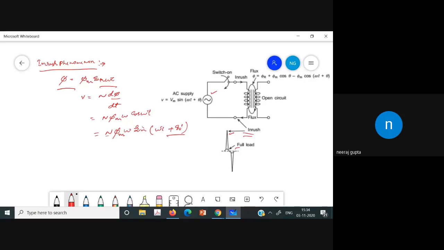So if we draw the phasor diagram, we will have the voltage V and the flux phi. And in terms of the waveforms, if we want to draw them, then this is the flux waveform, and this is the voltage waveform.